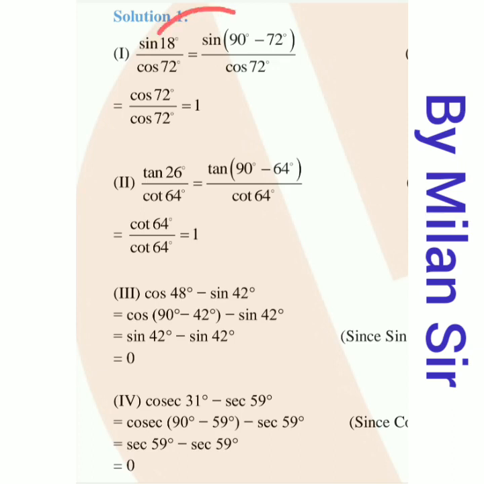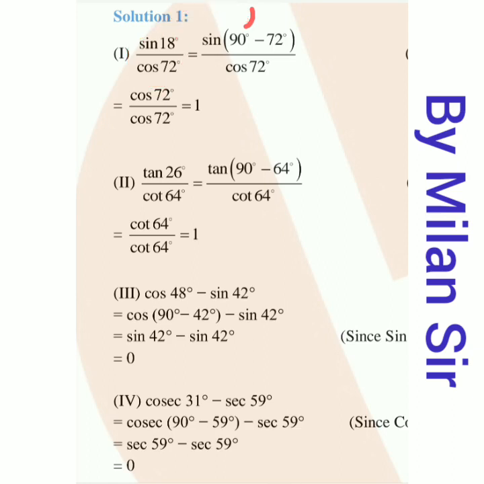One more thing: in this type of question, whenever complementary functions are used, you can find that the addition of the angles is equal to 90. Here 72 plus 18 is equal to 90. So in this type of question, we can use complementary functions.